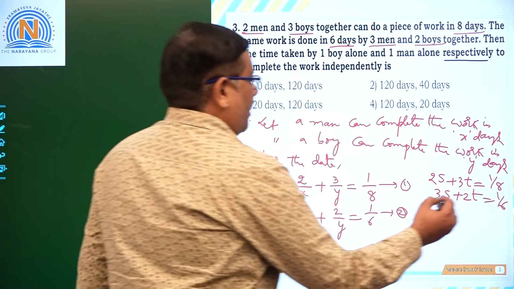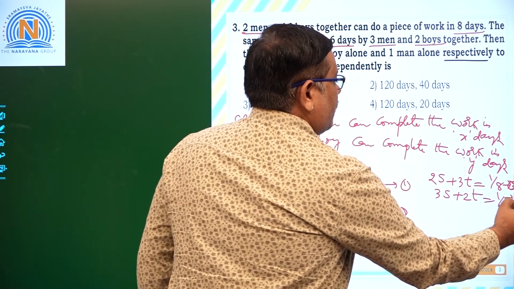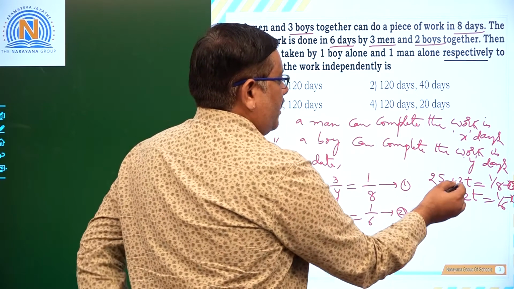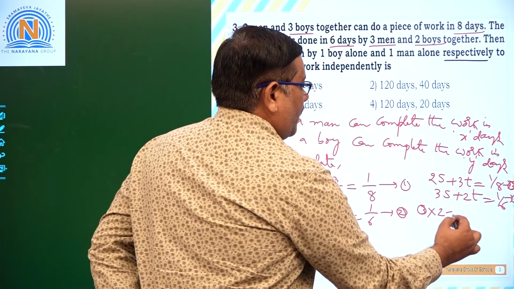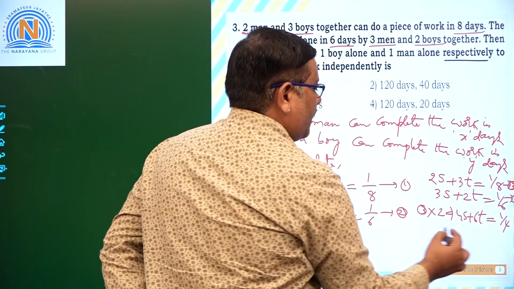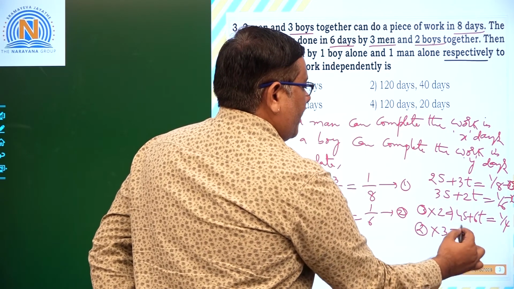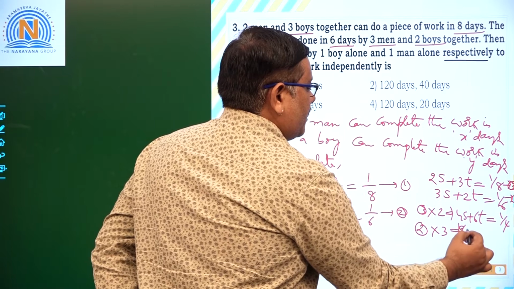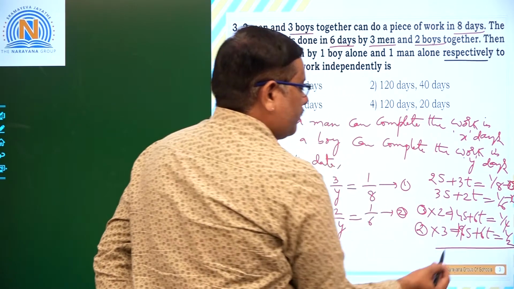How to do that? Let me take this as condition number 3 and this as condition number 4. Let me make the T coefficients equal. So, third equation into 2 implies 4S plus 6T is equal to 1 by 4. Next, fourth condition into 3, we get 9S plus 6T is equal to 3 by 6, that is 1 by 2.